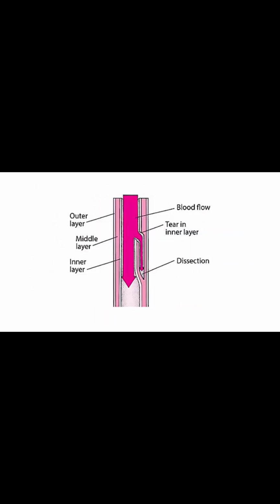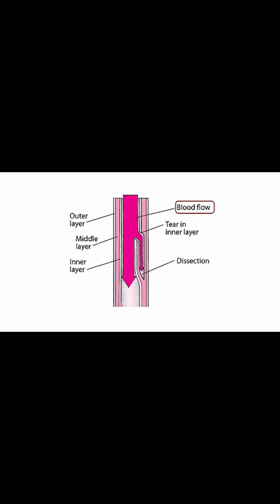The next thing that can happen is aortic dissection, and I have a little picture here to explain. This is a diagram of a blood vessel, and this points to the blood flowing.